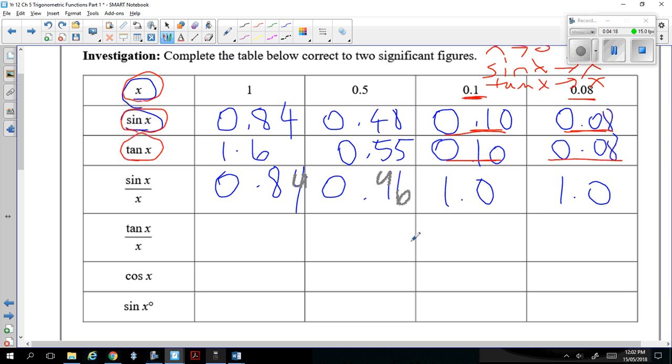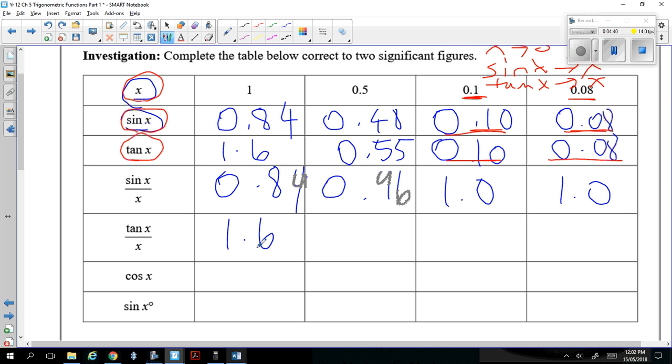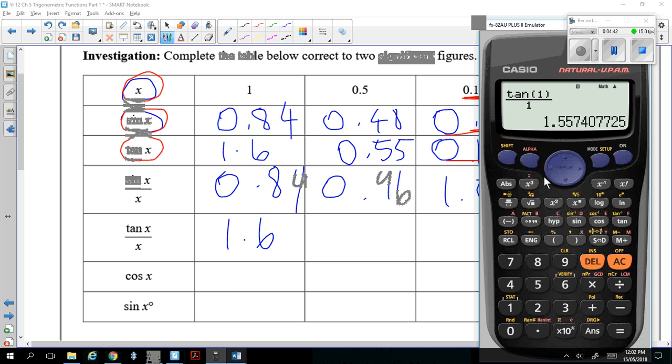Let's do it for tan as well. So do tan 1 over 1, 1.6. And then the next one, 0.5, work out 1.09, or just 1.1.